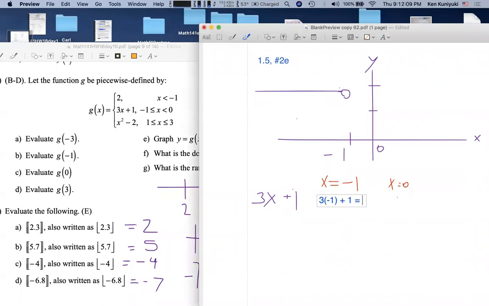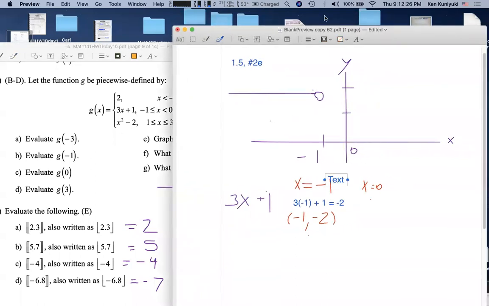So that's going to be -2, right? Okay. So x equals -1, y equals -2. That's an endpoint. Because of the bar there, it's included. Okay. Plug in x equals 0. 3 times 0 plus 1. That's going to be 1.